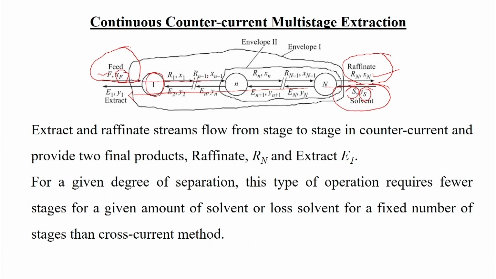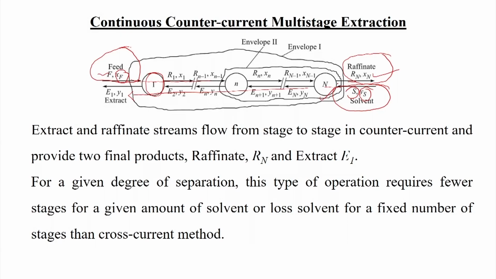In the cross current extraction, the solvent is added in all the stages individually, but here the solvent is added only in the last stage, the nth stage, and is carried forward.